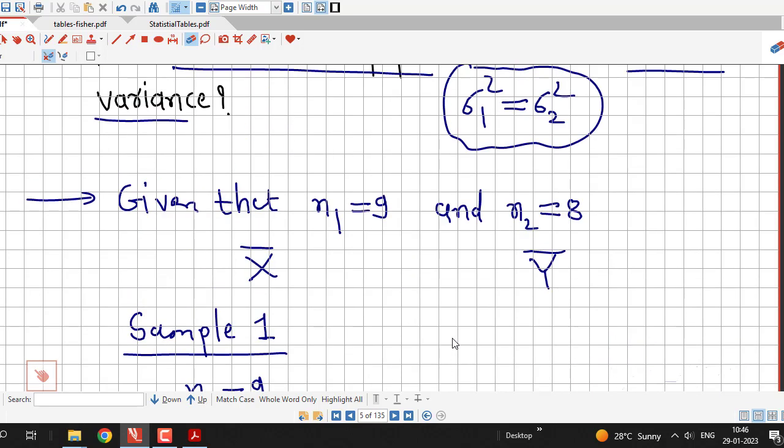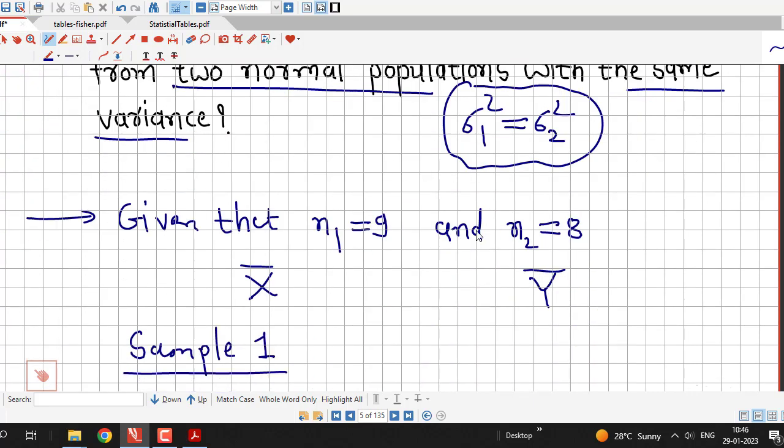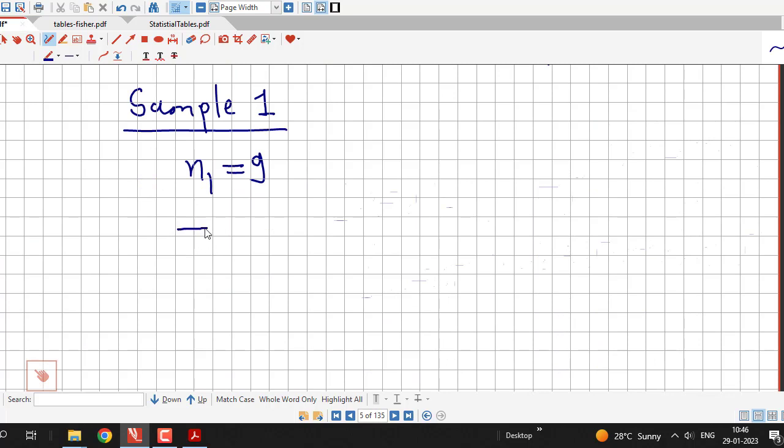So the sum of squares of deviations from their respective means equal 160 inches square and 91 inches square. So we consider 160 for first sample and 91 for second sample. So it is given that sum of squares of deviations from mean x bar is 160.